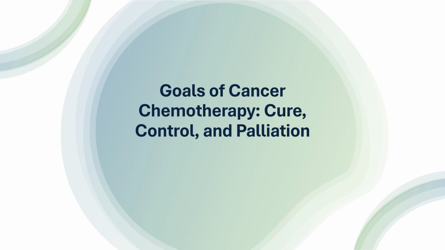Now, what are the goals of cancer chemotherapy? These are the three: cure, control, and palliation. Pharmacotherapy of cancer is sometimes simply referred to as chemotherapy. Because drugs are transported through the blood, chemotherapy has the potential to reach cancer cells in virtually any location.